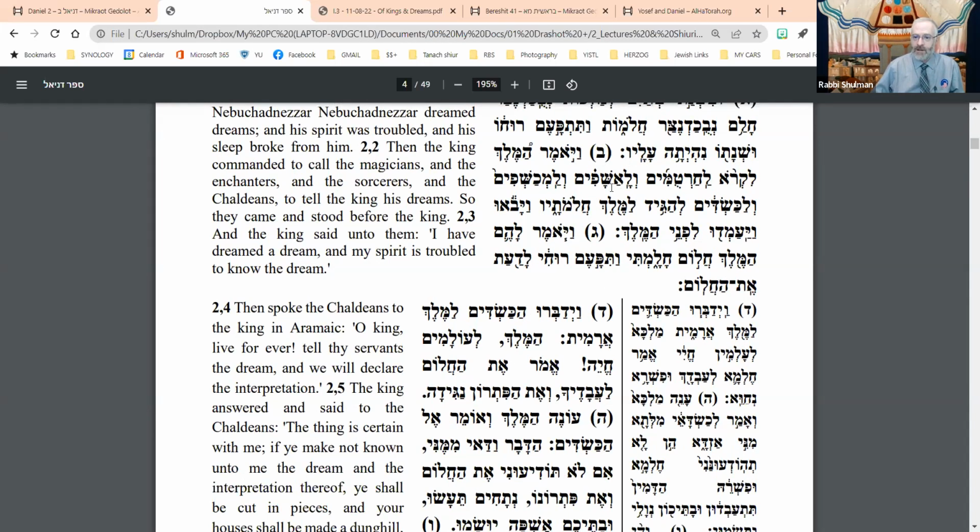So the king called over all the magicians and enchanters and sorcerers and Chaldeans and what have you, to tell the king what his dreams were. Meaning, and this is very important for us, the goal here was to report to the king what his dreams were and their meaning, because the dream itself had eluded him.